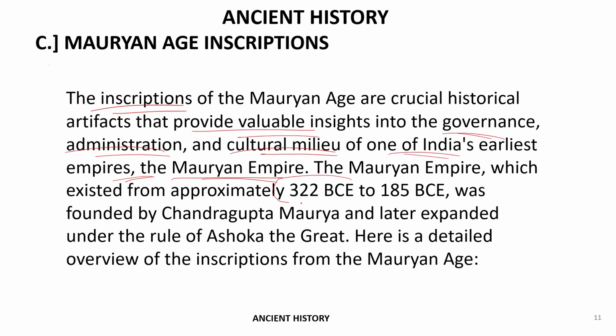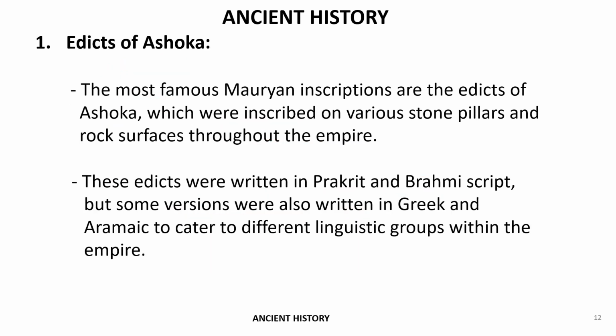The Mauryan Empire time period we had already discussed, founded by Chandragupta Maurya, and the great ruler was Ashoka the Great. So the Mauryan age inscriptions particularly deal only with Ashoka. Got it? So let's move forward.